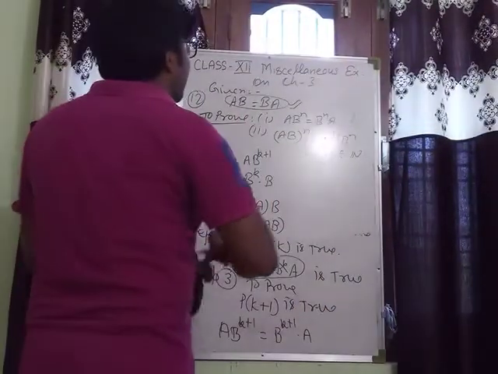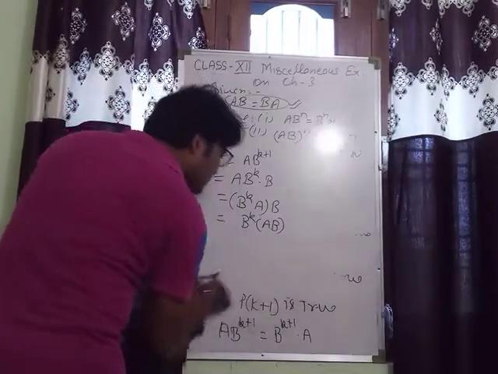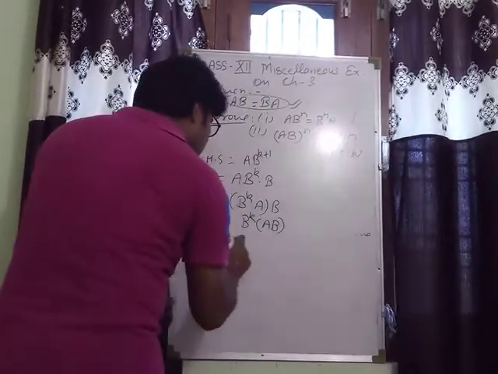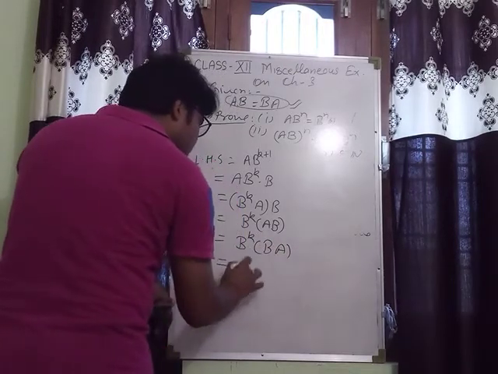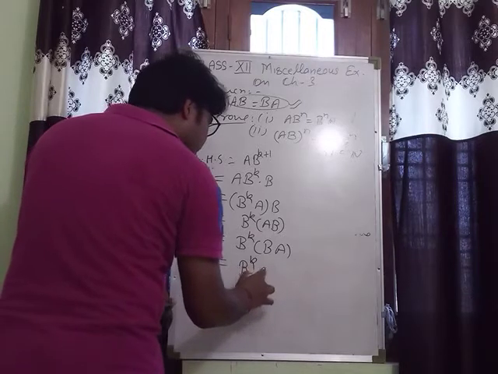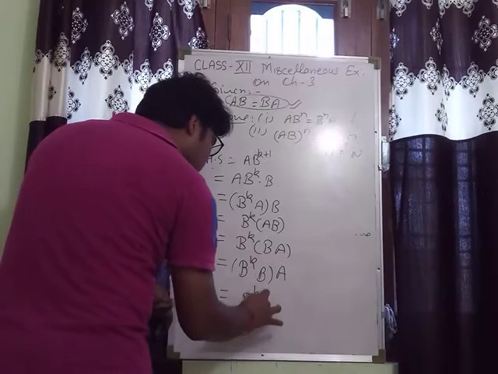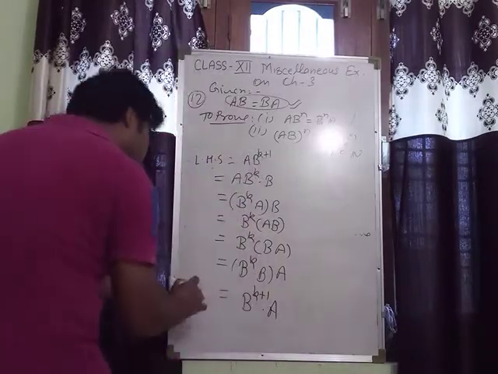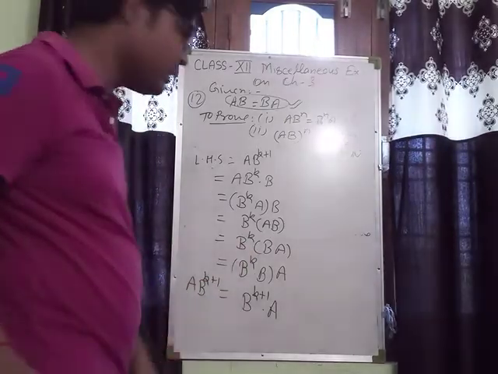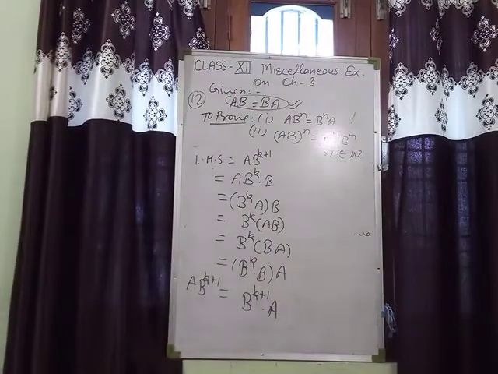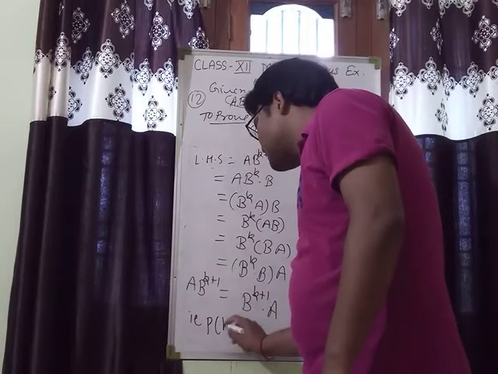Now it is already given that AB is equal to BA. So this AB can be replaced by BA. So this one is B to the power k into BA. Now again by associative law it will be B to the power k into B into A. Now B to the power k into B will be B to the power k plus 1 into A. So from here we have AB to the power k plus 1 is equal to B to the power k plus 1 A, that is Pk plus 1 is true.